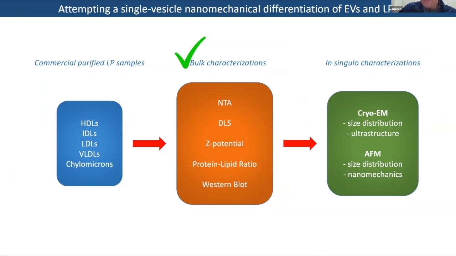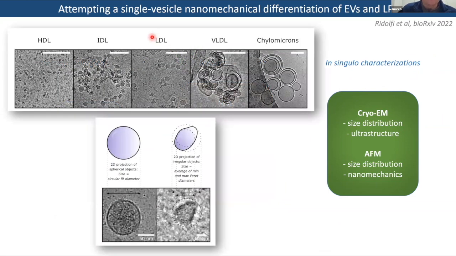and AFM. We first measured the size distributions. Again, you can collect several cryo-EM images of all the LP subtypes. If they are not perfectly spherical, we did a trick of averaging to geometrical values, but okay, that's probably too technical, let's skip this. But you end up with a size distribution measured with cryo-EM.